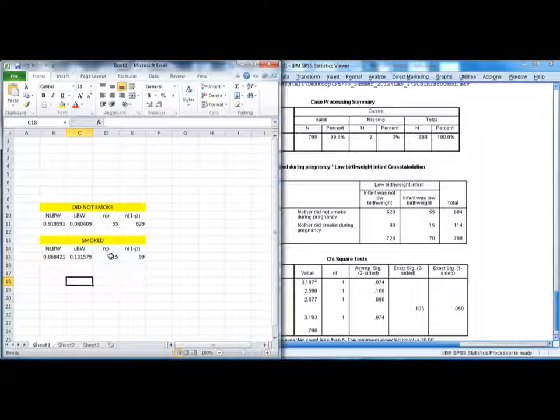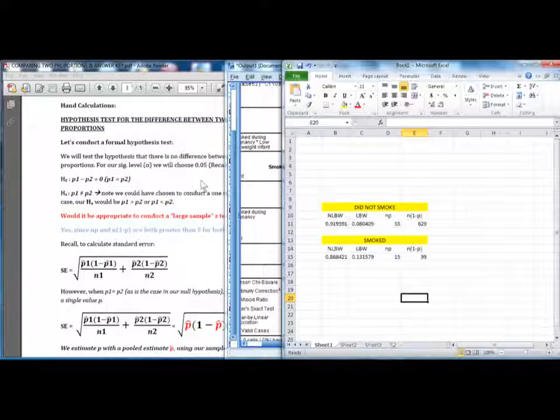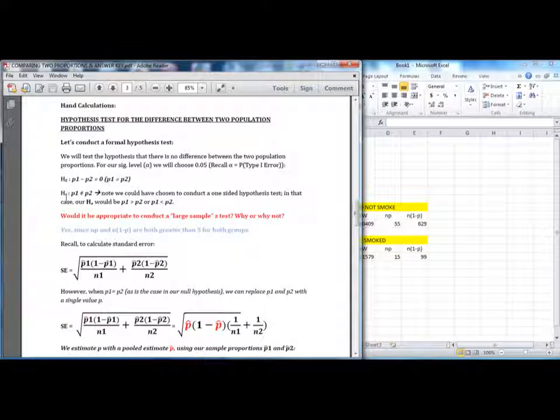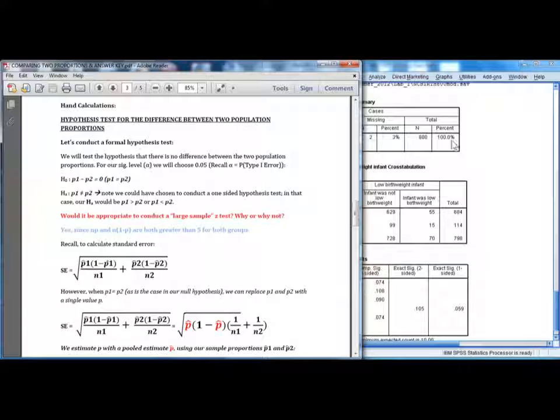Now successes, again np will give us 15, failures 99. So for both groups, successes and failures are greater than 5. That's the rule of thumb for conducting a large sample z-test when we're comparing two population proportions.